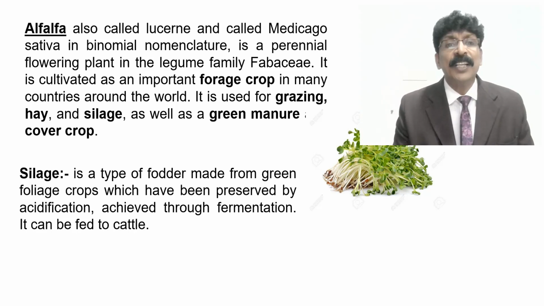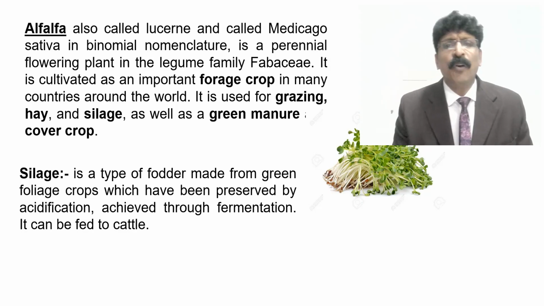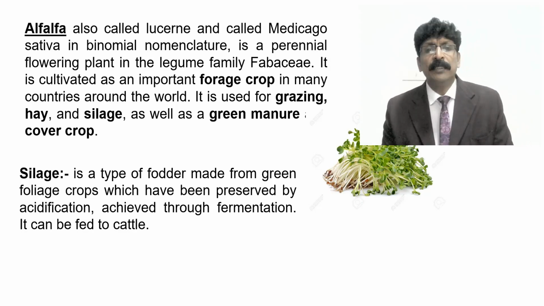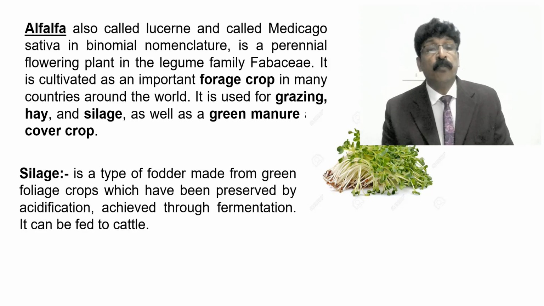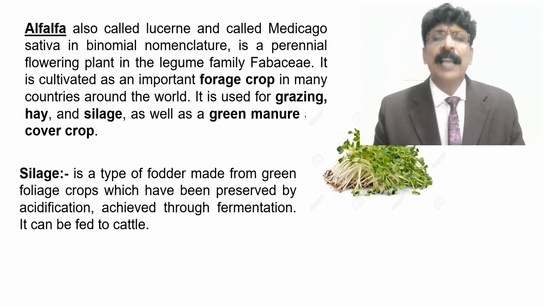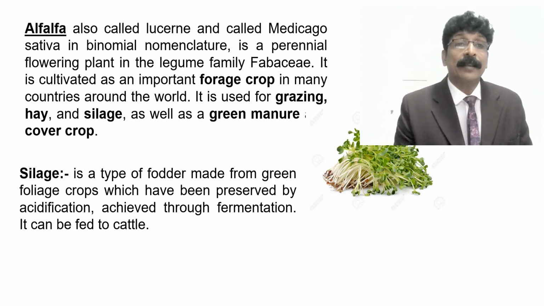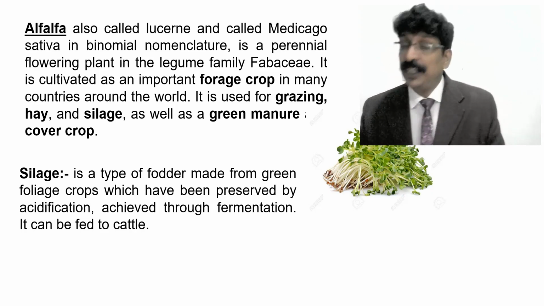Silage means, what do you mean by silage? It's a type of fodder made from green foliage crops like alfalfa, which have been preserved by acidification achieved through fermentation.